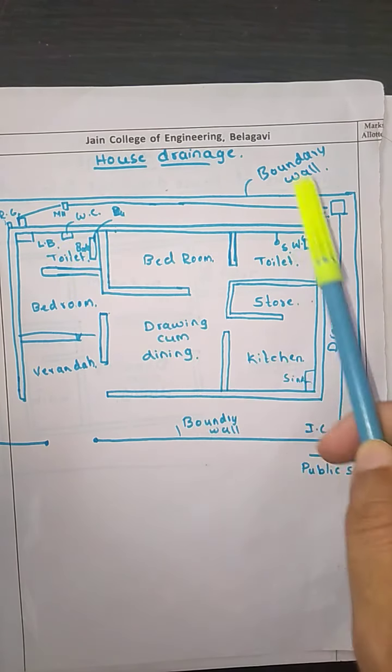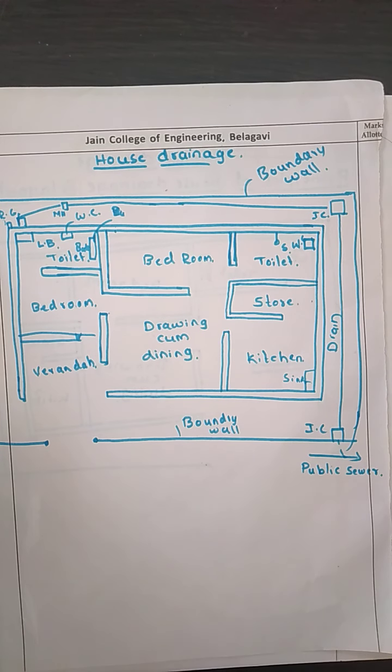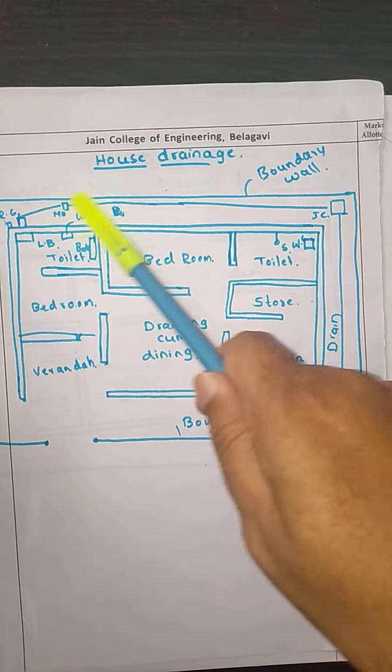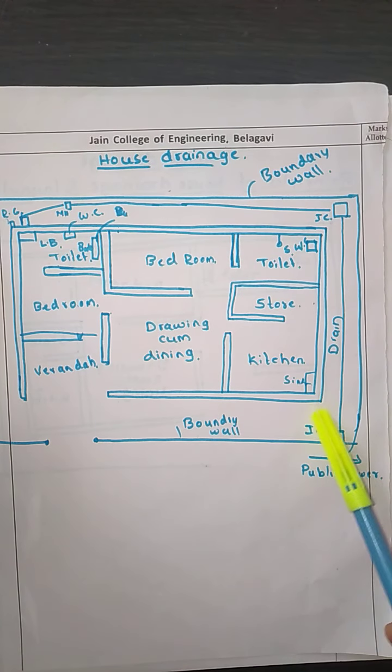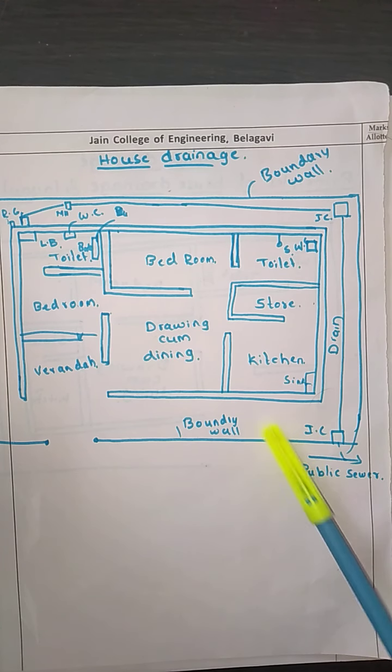At least one wall of the toilet should be near the main wall. It should be connected to the main wall, so that it helps in easy facilitating of the wastewater. The drainage pipe should be laid by the side of the building. It should pass through the side of the building.